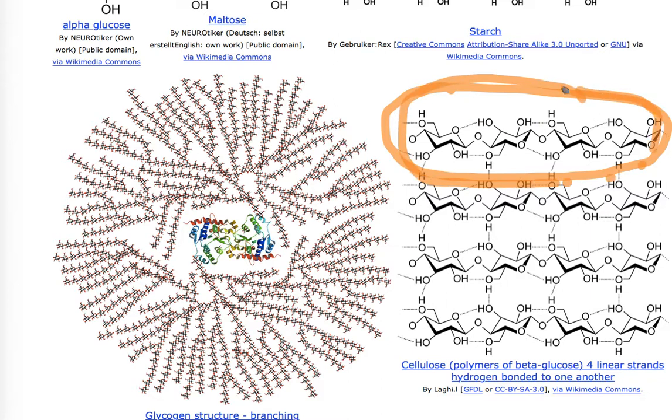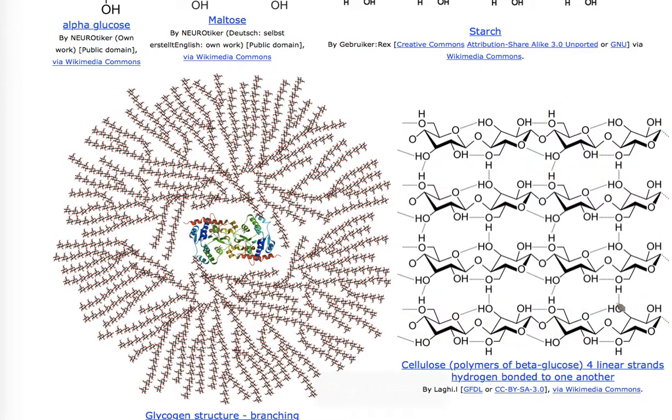If you eat a cotton rag, you cannot digest it because you do not have the enzymes to break the glucose molecules apart. But you do have the enzymes to break starch's glucose molecules apart. On the other hand, if a goat eats a cotton rag, in its digestive tract it has bacteria that release enzymes to break those beta glucose molecules apart.